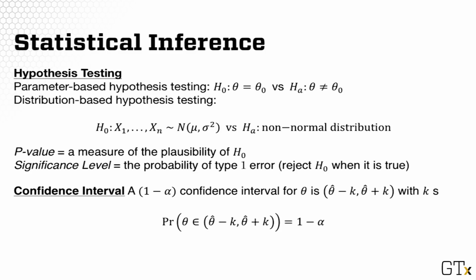For example, take a 1 minus alpha confidence interval, where 1 minus alpha refers to a 95% confidence interval. If we obtain 100 different sets of realizations of the data, and we estimate the confidence intervals for all the 100 sets, we'll obtain 100 confidence intervals.